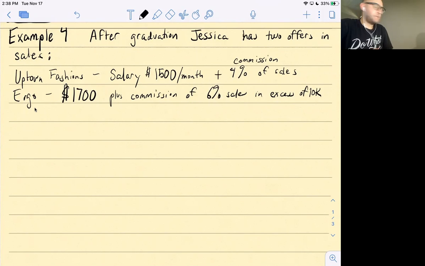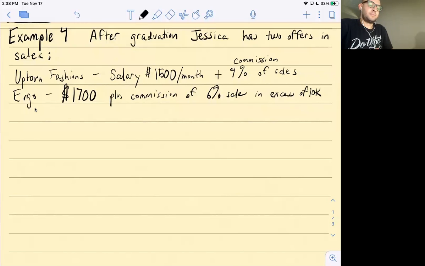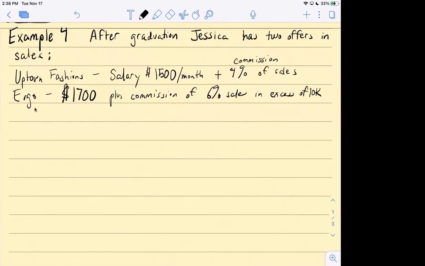So based on these two jobs, what are the pros and cons of Uptown Fashion? It doesn't pay as much as Ergo. Mm-hmm. And what about the commission? Pays more, but Uptown has a constant commission while the other one has to be in excess of 10K, if I'm saying that correctly.